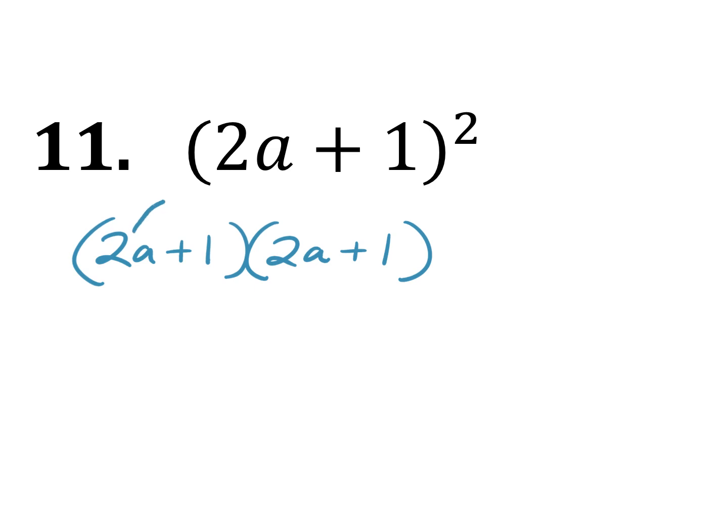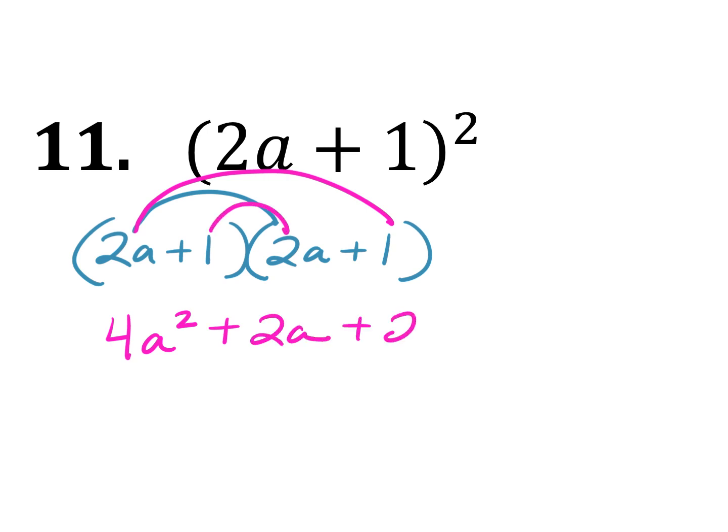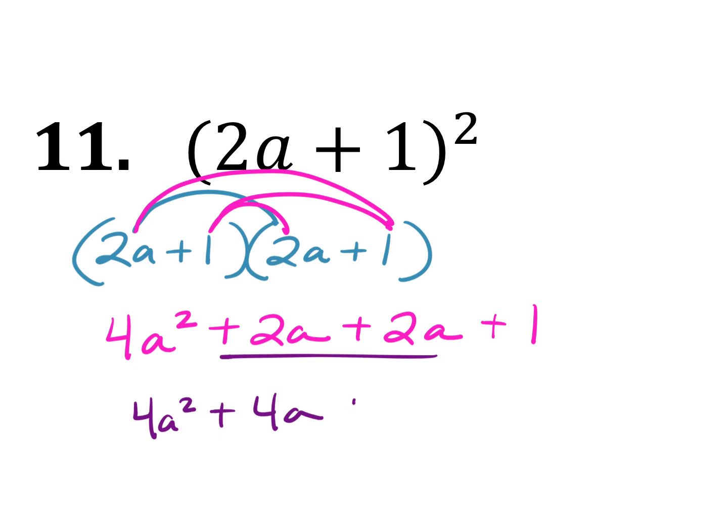So it's going to be 2a times 2a is 4a squared. 2a times 1 is plus 2a. 1 times 2a is plus 2a. And then 1 times 1 is 1. Simplify that. So you combine your a's. 4a squared plus 4a plus 1.